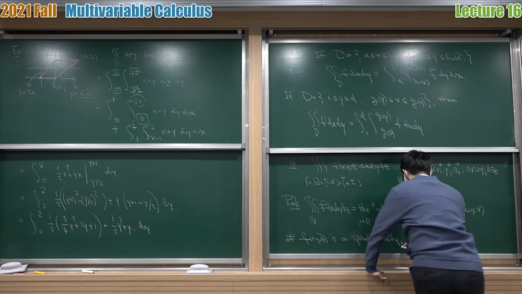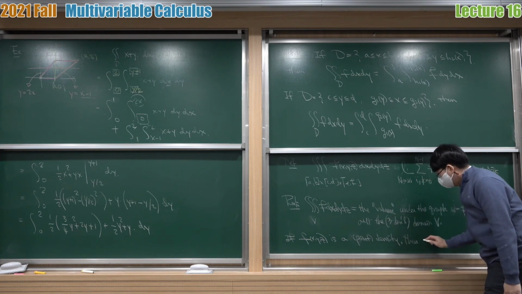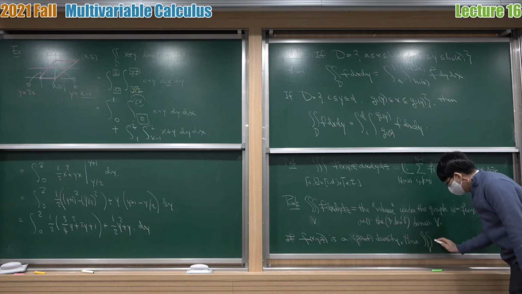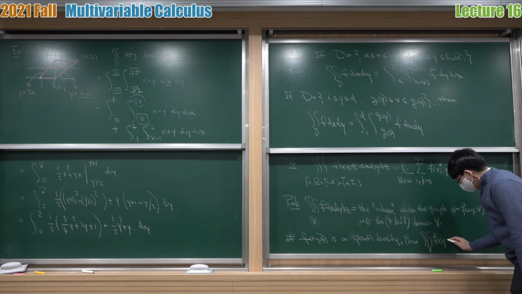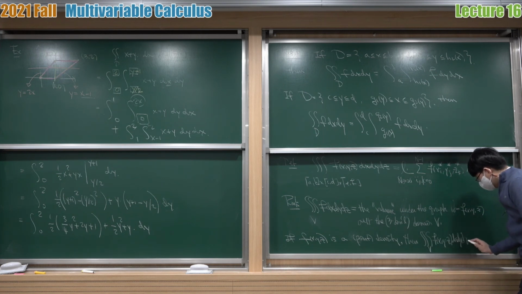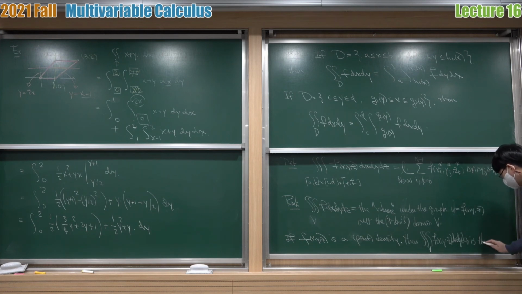Then the triple integral is what? What do you guess? If the integrand represents the density at each point, then the total triple integral would represent mass, total mass of V.